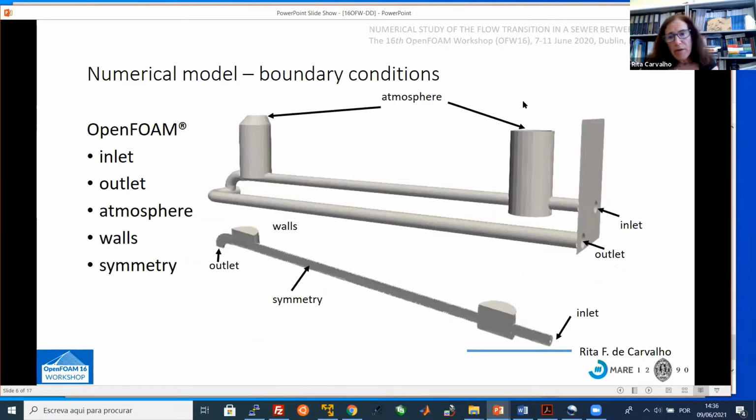If we use all the installation, we did some simulation here, with the inlet, outlet, atmosphere, and all other walls. But then we wanted to see how we could simplify; to not simulate all this pipe, we try a symmetry plane here, and then we move the outlet here. That is here, valve number 2.